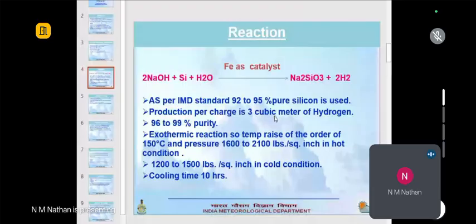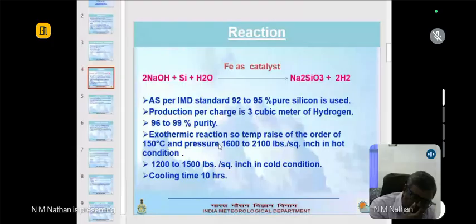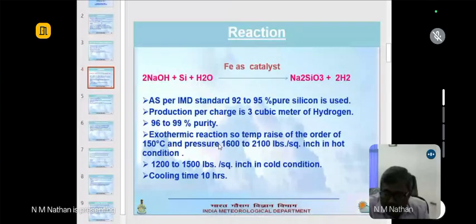And as I already told, it is an exothermic process, and the heat will go up to 150 degrees. You can realize that when you put in the caustic soda and ferrosilicon, then add water, it will immediately start generating gas, and the temperature will be very high. You cannot touch that cylinder.